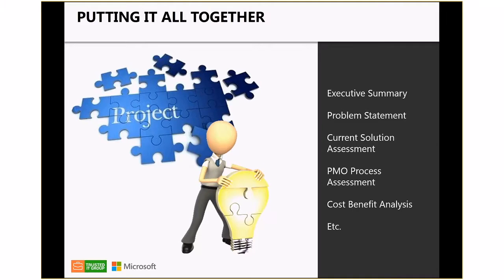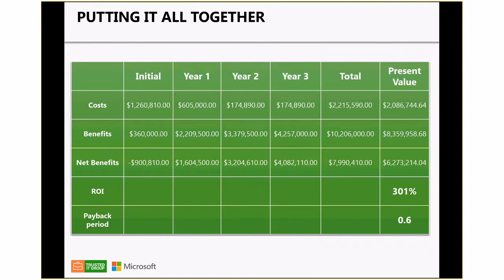So if you put it all together, here's how the report looks. Let's start at the beginning. In the initial year, this composite organization spent $1.2 million initially, right off the bat, and they got only $360,000 in benefits.